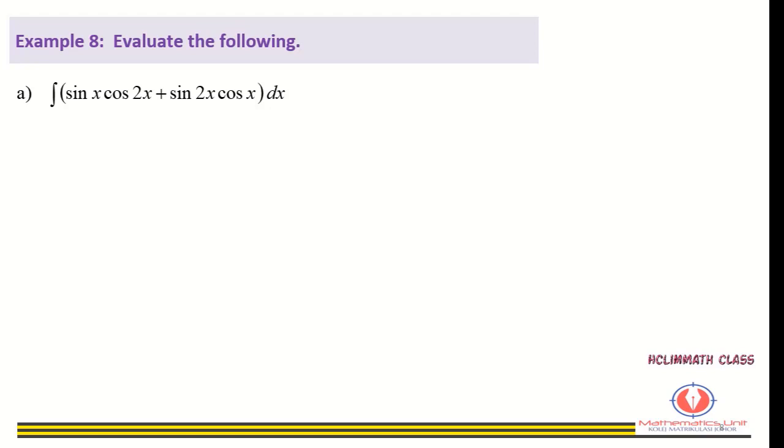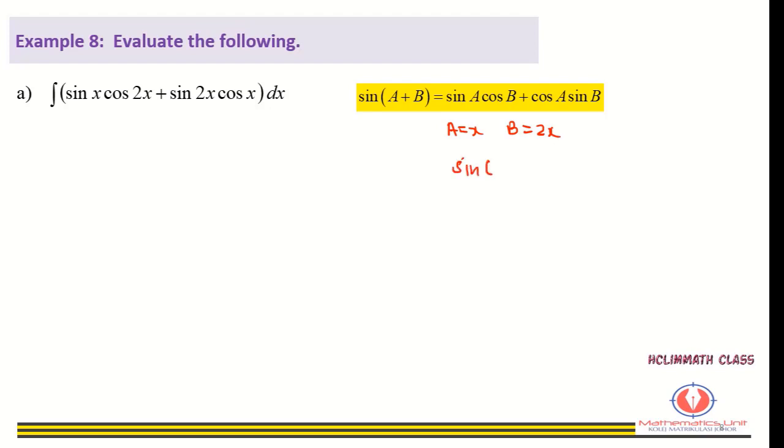First of all, if we look at question A, we have sin x cos 2x plus sin 2x cos x. So we will apply the compound angle of sin A plus B. Let me substitute A equal to x and B equal to 2x. So A plus B, I will have sin x plus 2x, so I have sin 3x here.